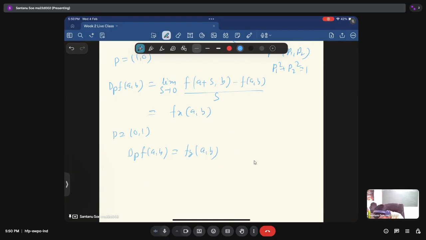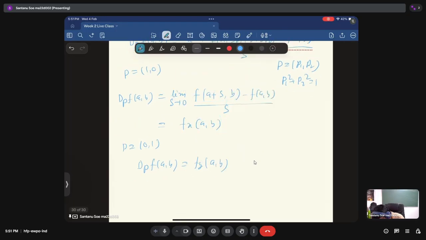If you just take p to be the y direction, then the directional derivative is nothing but the partial derivative with respect to the variable y. Okay, so these are the two things I wanted to explain. I think these are very important, and there are also many lemmas.